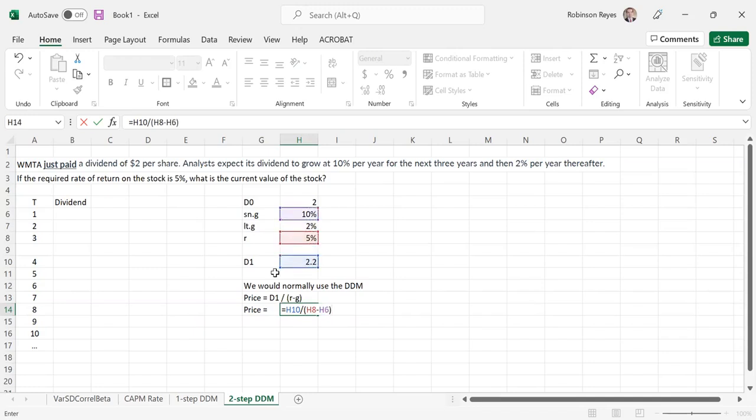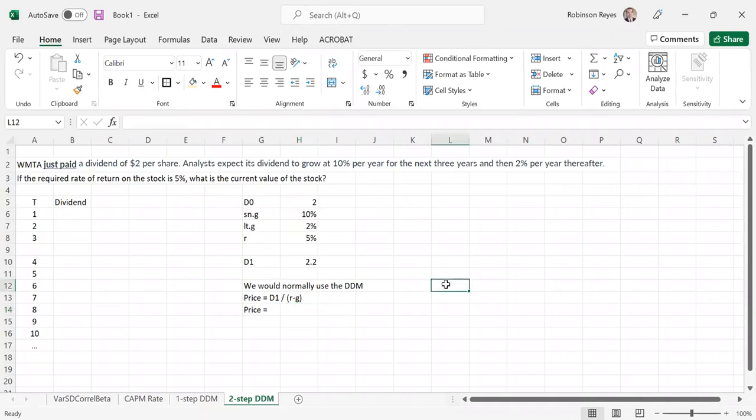But now we are running into some complications because we have two growth rates. If we try to use this 10%, we will have a problem. I will write this in numbers rather than in formulas. We will have 2.2 divided by 5% minus 10%. You can clearly see that the denominator will be a negative number, and this price will be negative, and there's no way that a price can be negative. So there are some issues.